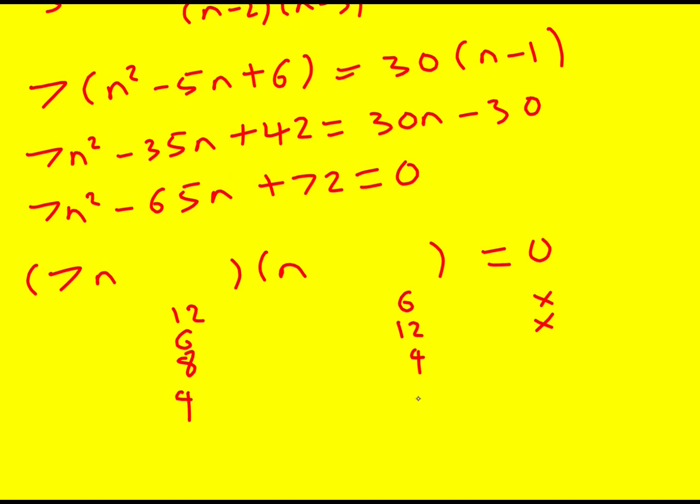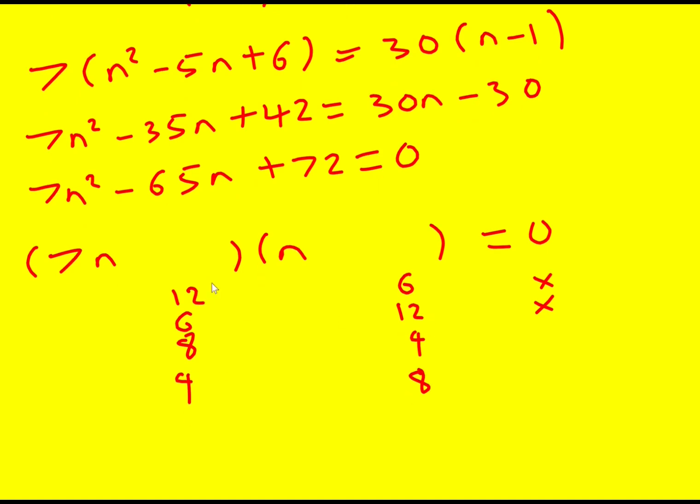or 9 and 8. 7 times 9 is 63. There's no way we're going to get 60 minus 65 there, so I can cross that one off. So for this one, I'm going to get 7n times 8 would give me 56n, and then 9 times n would give me 9n. I need them actually both to be negative, so that will work. If I add that, I'll get 65. So if I do minus 8 here and minus 9 here, then I factorized it.